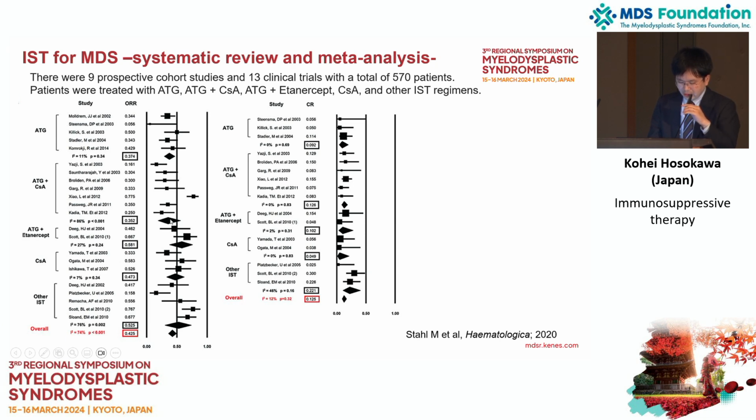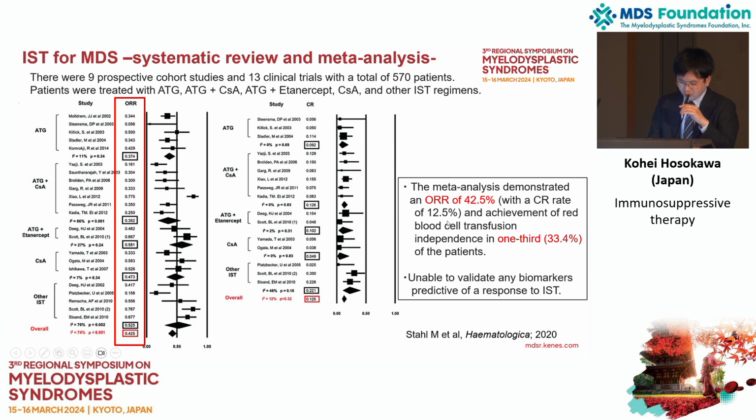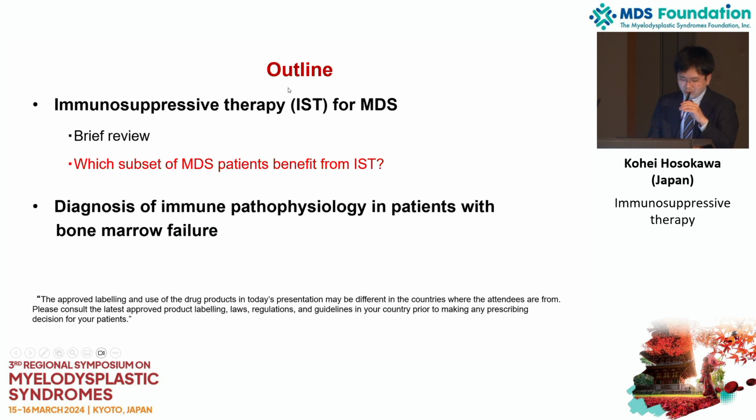The overall response rate was about 42%, with a CR rate of about 12.5%. Red blood cell transfusion independence was achieved in a third of the patients. Again, they were unable to validate any biomarkers to predict response to IST. So we reviewed that the overall response rate is about 40 to 50%, and transfusion independence was achieved in a third of the patients.